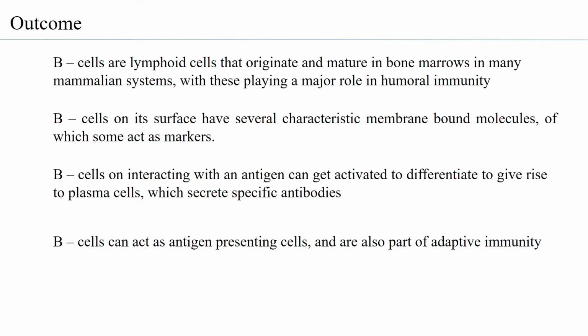And that is also part of adaptive immunity. The adaptive immunity is associated with the fact that it can become very specific in its defense against a particular antigen, and also it can develop what is called an immunologic memory.